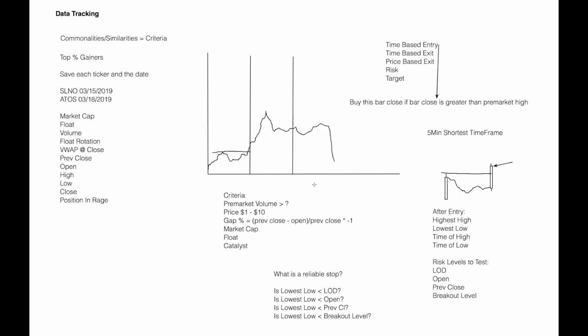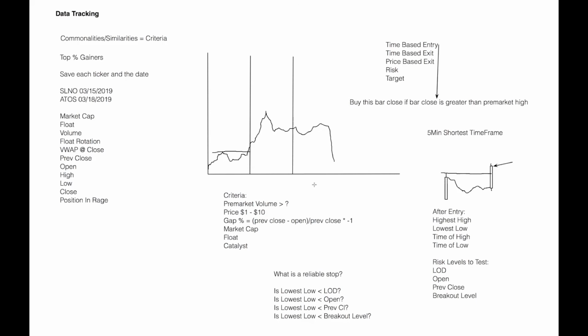Either you've hit your target, or you exit after your position is open for an hour, because chances are after an hour the interest from the demand, the buyers, goes away. They lose interest after an hour after a breakout level.